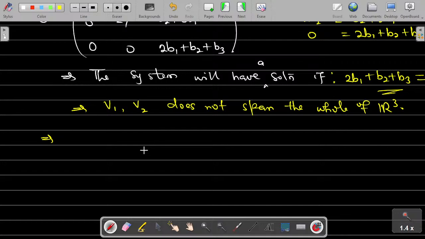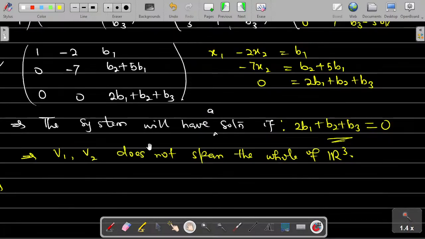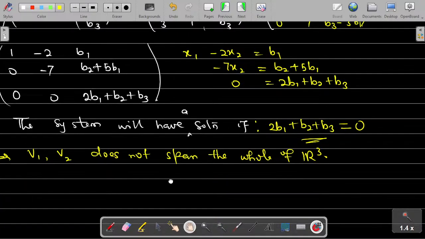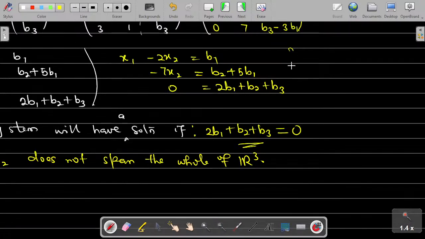Okay, see what I did here. So from equation 2, assuming that this is not 0, the implication is that our x2 is equal to b2 plus 5b1 all over minus 7. Okay, alternatively that minus can come up here to become minus, then over 7, but you can leave it this way.